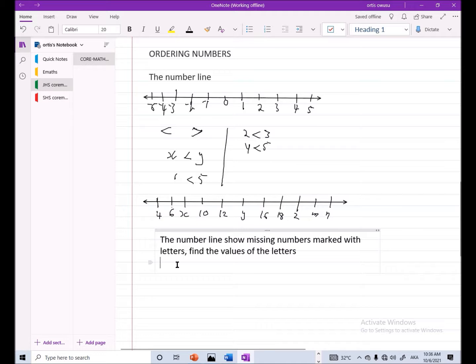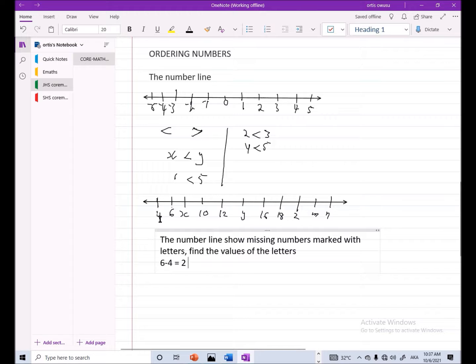Okay, so we type 6 minus 4, which will give us what? 2. Alright, so if 6 minus 4 will give us 2, then it means that there is a range of 2 between the numbers on the number line, right?